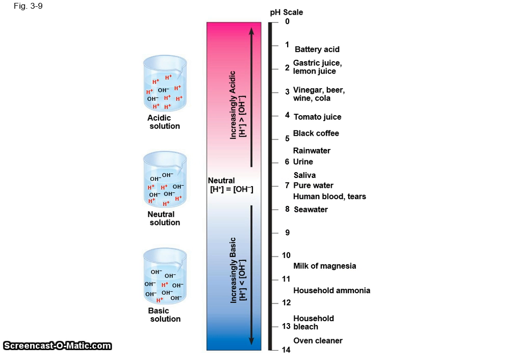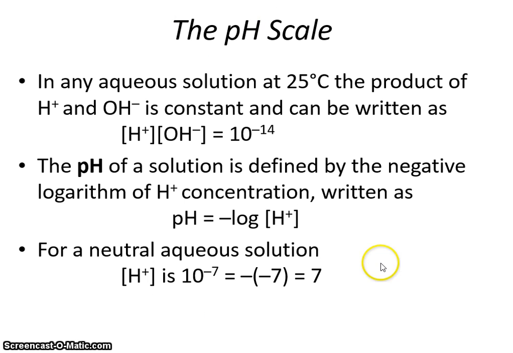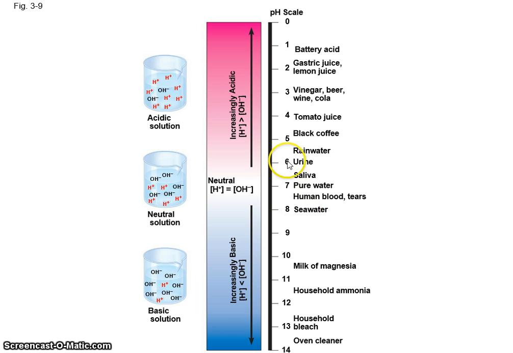Now, if we have increased concentrations of hydrogen, so if we change this number, let's say to 10 to the negative whatever, we're going to see that that's going to be a very low pH. So 6, 5, 4, 3, 2, 1, 0, those are very low pHs, very acidic, the further away that we get from 7. On the opposite side, as our hydrogen ion concentrations are decreasing, our pH value would be high numbers. These would be considered bases.